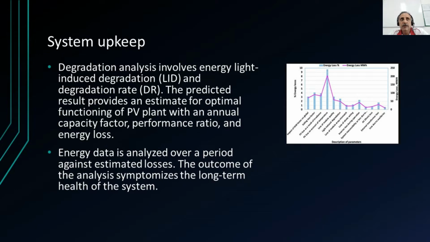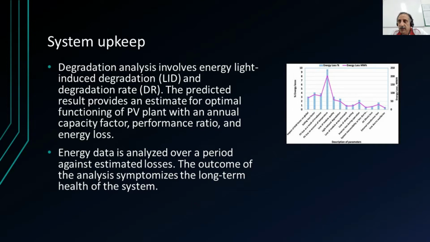Effectively, we as a PV monitoring supplier have to monitor this degradation of performance over a period of time to be able to analyze whether the system is performing optimally, or is there any degradation, or does the system need any maintenance at a certain point of time.